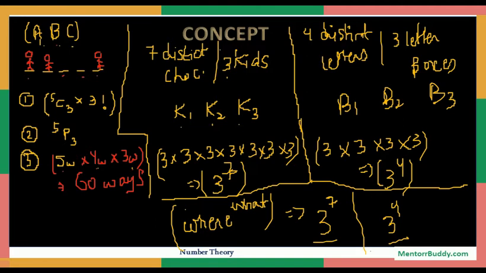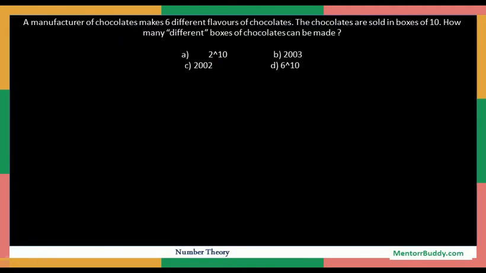Now coming to the question which we have seen, it says a manufacturer of chocolate makes 6 different flavors of chocolate. Let's say I am naming the 6 different flavors of chocolates as A, B, C, D, E and F. These are 6 different types of chocolates, and the chocolates are sold in a box of 10.